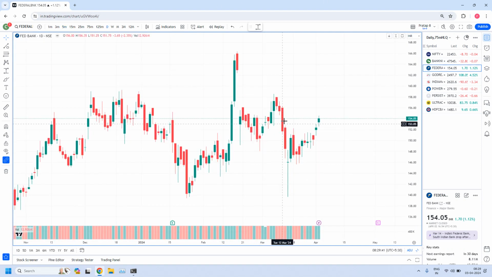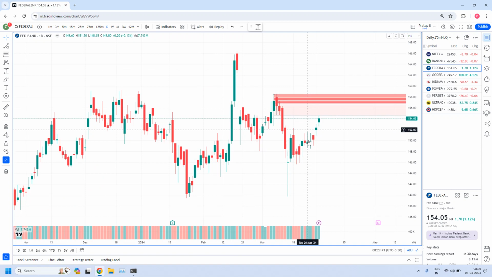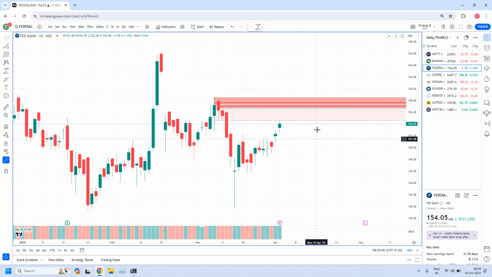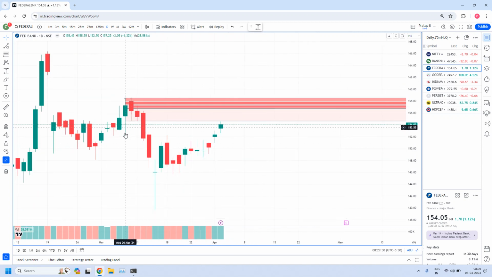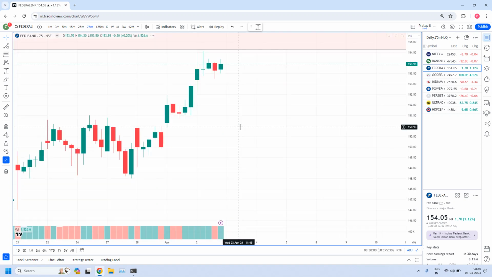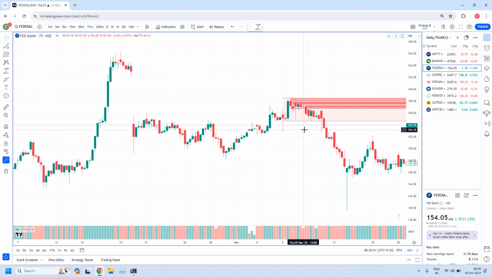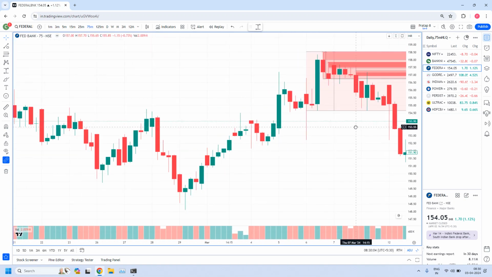The next one is Federal Bank. This is also a high liquidity supply zone. We have a rally candle, 2 base candles and a drop candle. This is what our software identified. Then we fine-tuned this zone with the 75 minutes time frame. So here we have a rally, 2, 3, 4, 5, 6 base candles and a drop candle.